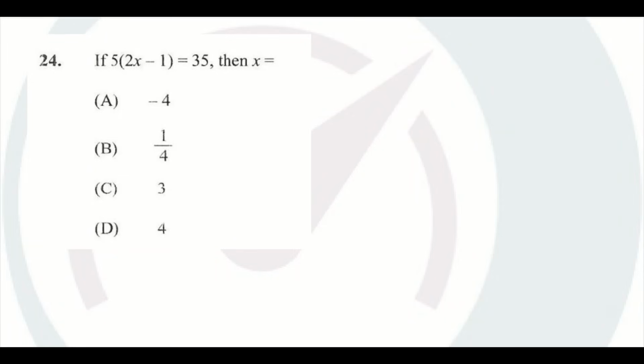If 5 multiplied by 2x minus 1 is equal to 35, then x is, we're going to apply what we call the distributive law. So 5 times 2x gives us 10x, and 5 times negative 1 gives us negative 5 equals 35. So we'll go ahead and solve for x.